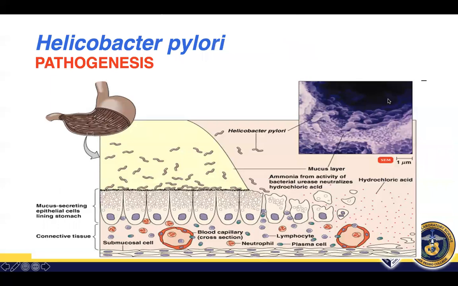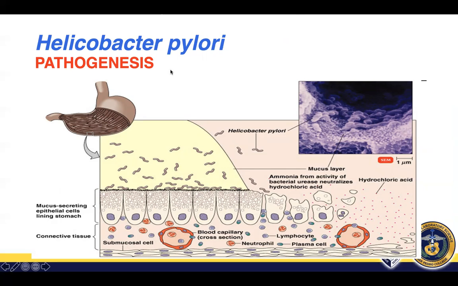Now, the pathogenesis of Helicobacter pylori. The natural habitat of our organism is the mucus-secreting cells of the stomach.